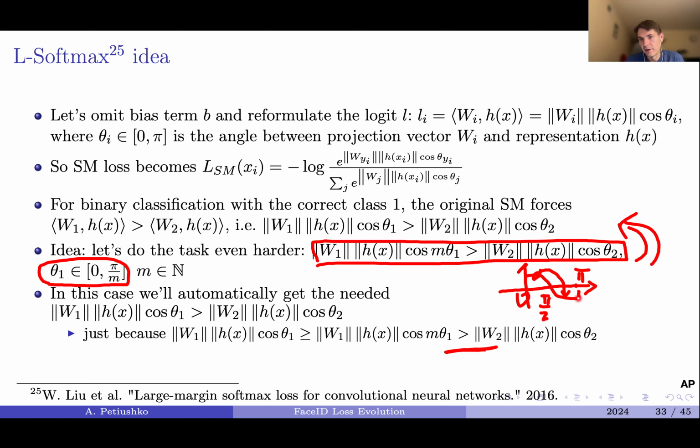Because when we multiply, for example, here we multiply by m, we still need to not jump out of our initial closed interval from 0 to pi. That's important, and a lot of work, as you'll see, is concentrated around how to deal with jumping out of this pi over m.